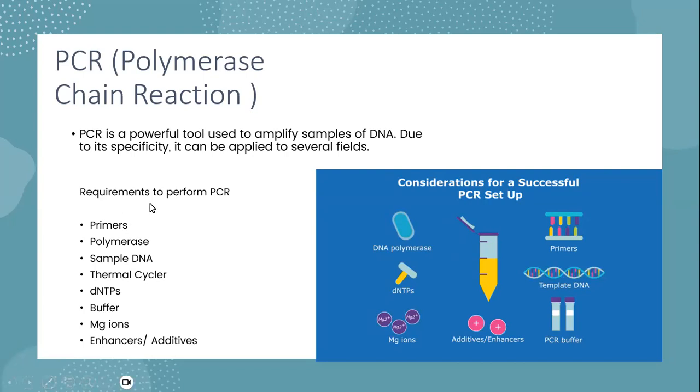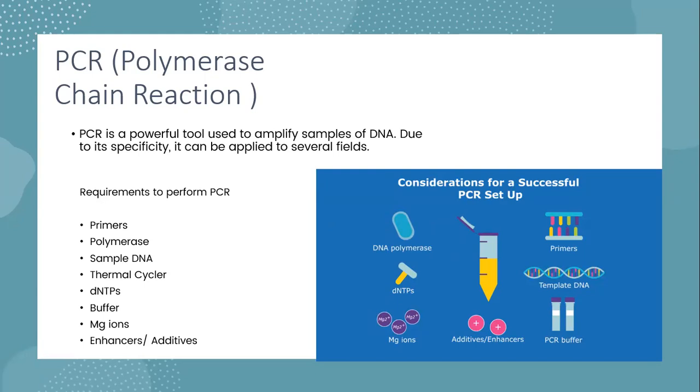So to run a PCR experiment, you would need primers. Primers are genetic material, usually single-stranded DNA, and that's what you use to identify your sample. When we go into how it works, you'll see the importance of primers.